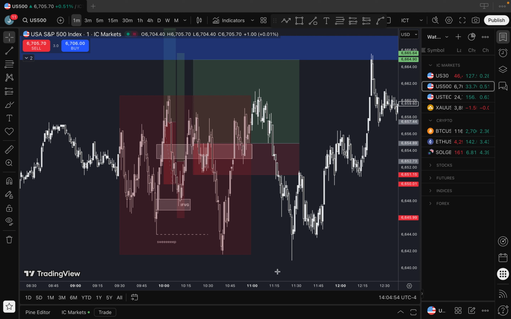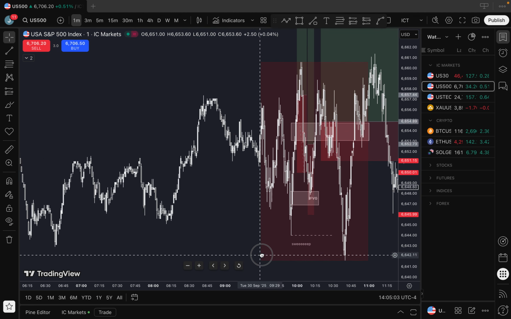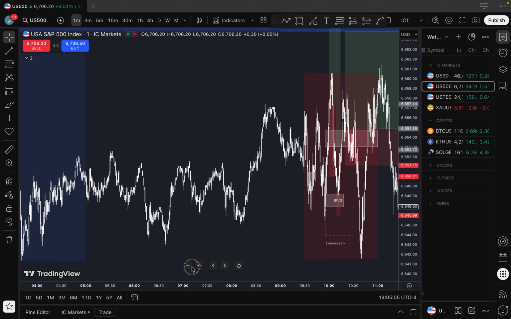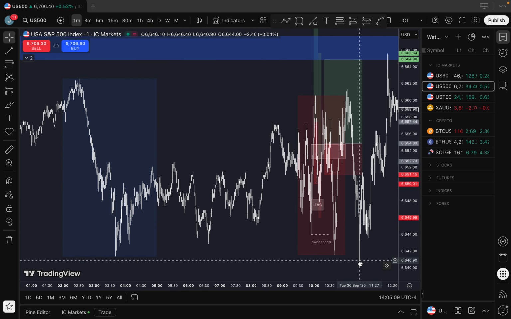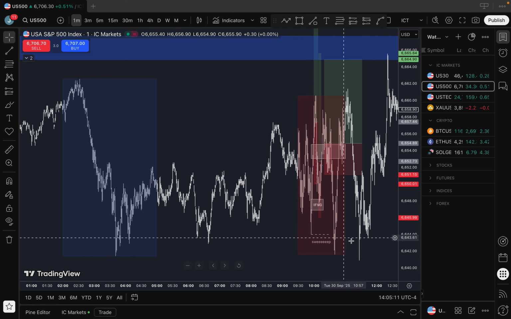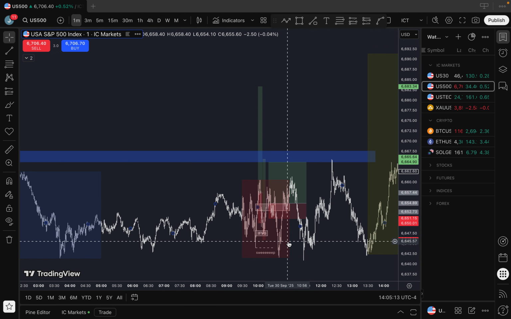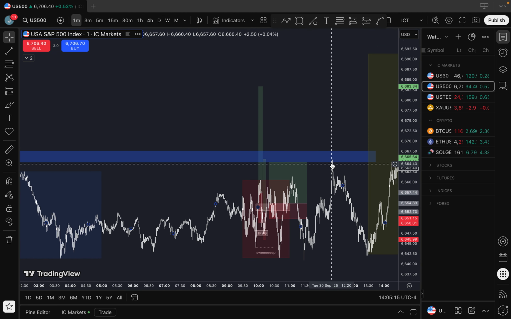And then again, we got a further sweep, and then I think this took out the London low. This was the candle that took out the London low. If we just scroll across here, yeah, so you can see there's the sweep there. And then we got the run up to that fair value gap at 12.